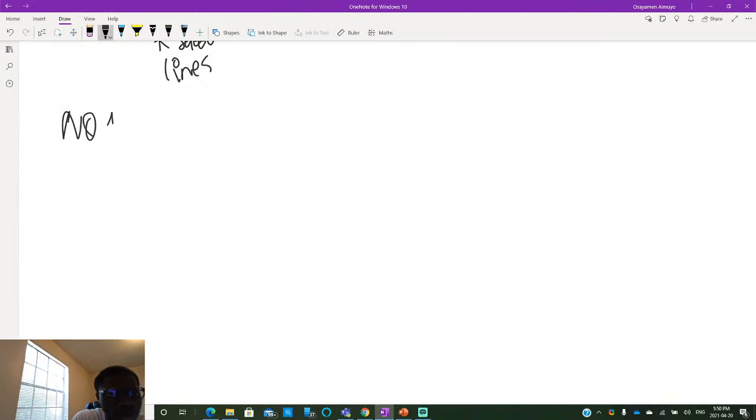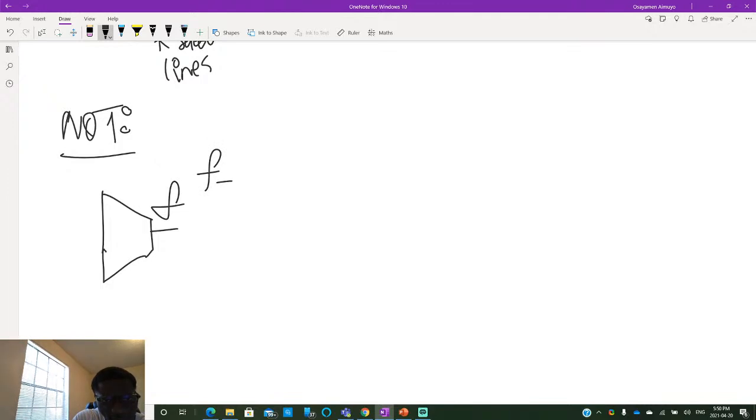So we have, for a NOT, we want to show that F equals A bar. So we put A here.